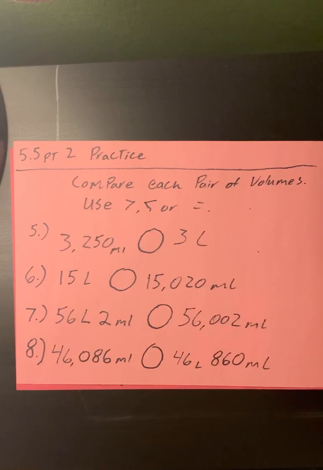Okay? Last practice page of today's lesson, you're going to be comparing each pair of volumes using greater than, less than, or equal to. Okay? Problem number 5, if you have 3,250 milliliters compared to 3 liters, which one is greater? Problem number 6, if you have 15 liters compared to 15,020 milliliters, which one would be greater?